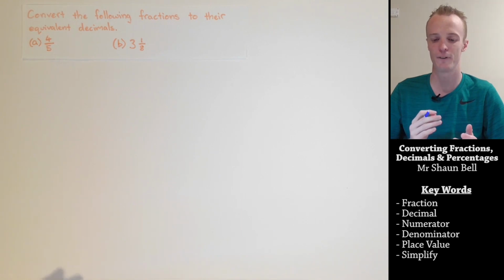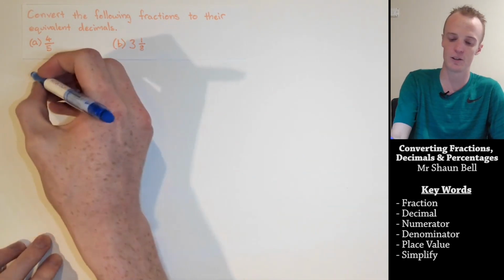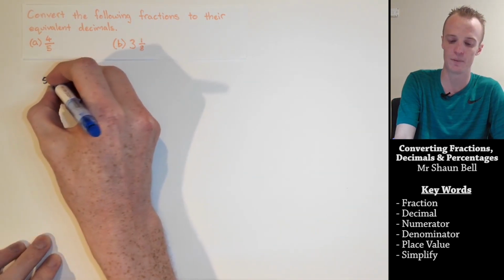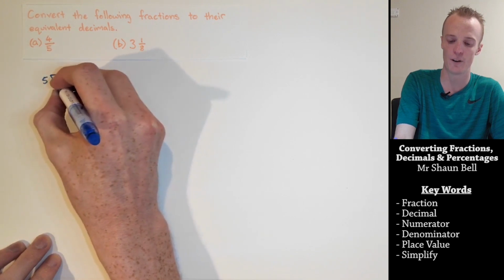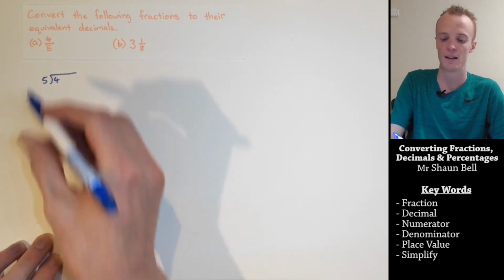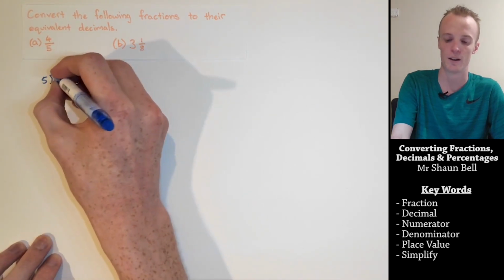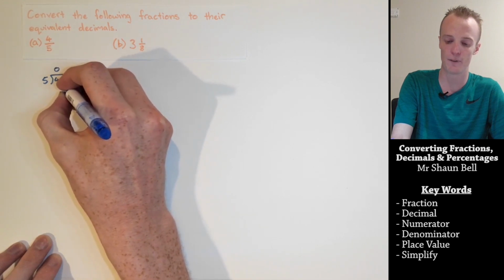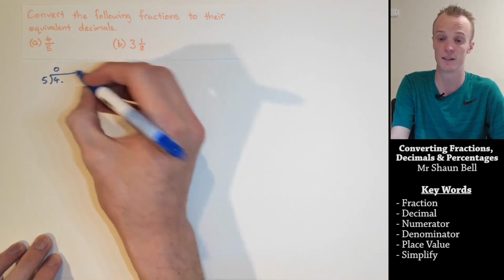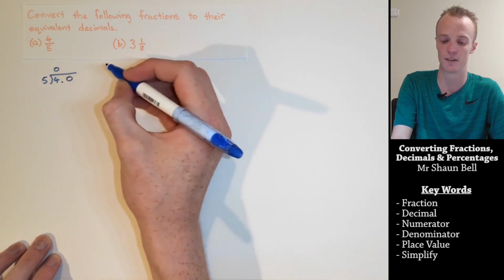So what if I've got the fraction 4 over 5 and I want to convert this fraction into a decimal? Well, what I need to do is work out how many times the number 5 divides into the number 4. Now 5 doesn't go into 4. So what I do is put a 0 above it and I put the decimal place that exists after 4 and have another 0.